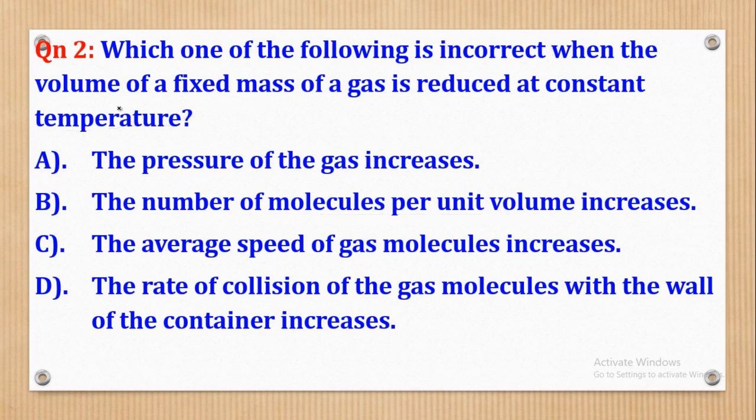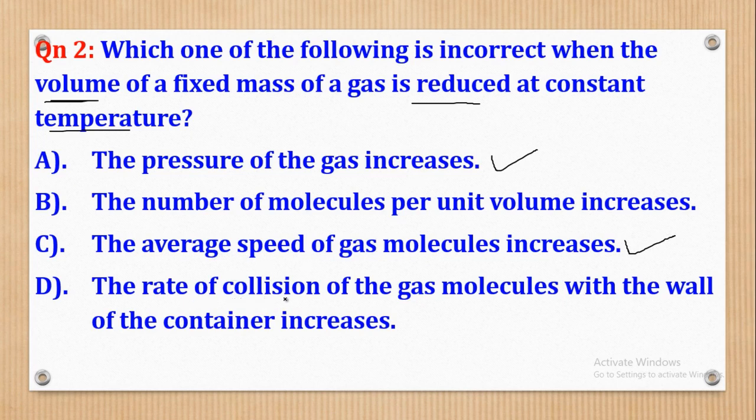If temperature is constant, it implies that volume and pressure are the ones which are varying, and in accordance with Boyle's law, when volume is reduced, pressure increases. Therefore this is okay. The average speed of gas molecules increases, that is also okay, because when pressure increases, kinetic energy also increases.